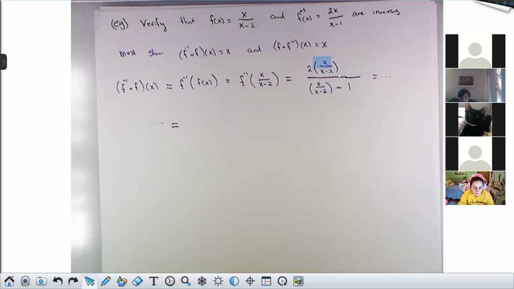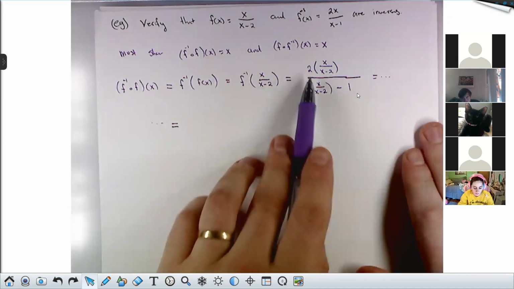I can't cancel these because this is not a factor of the bottom. They've got minus 1 there. Let's get that out of the way first. Those two big parentheses things don't cancel because of the minus 1 downstairs. You can open parentheses on top.